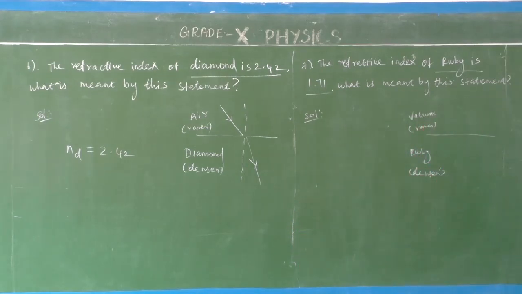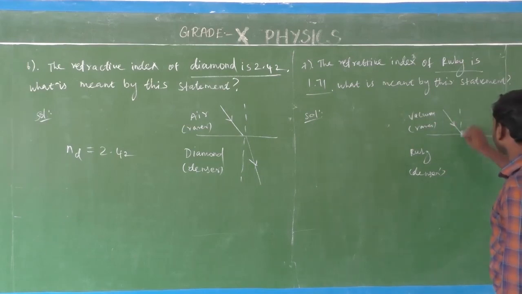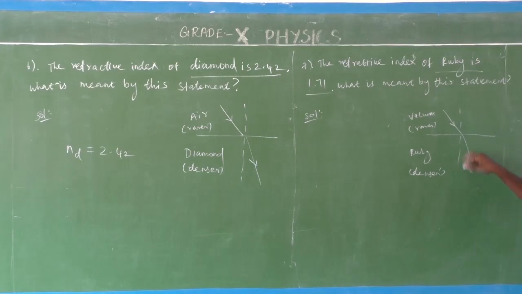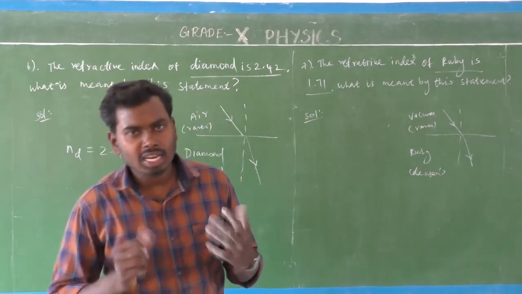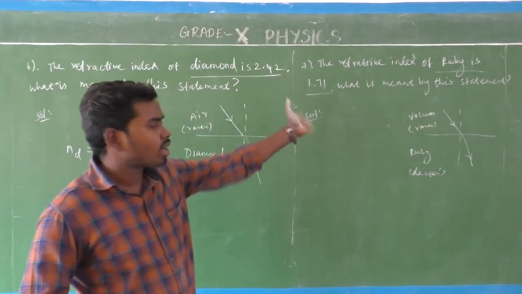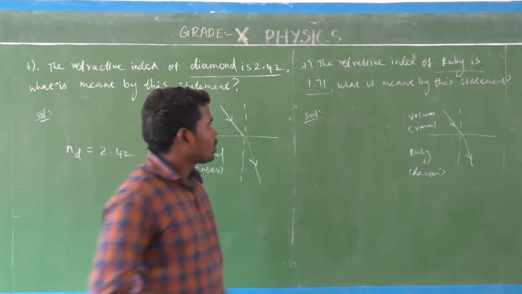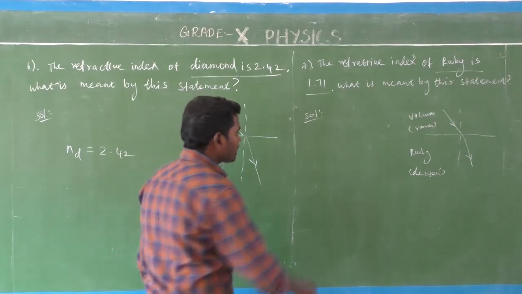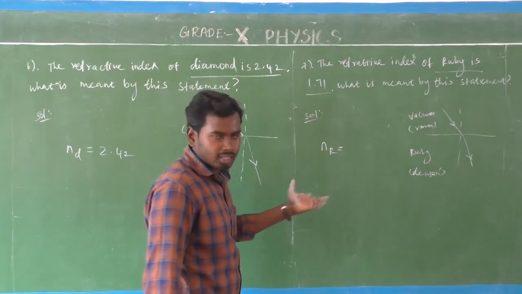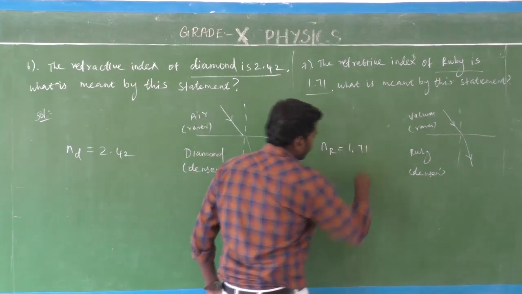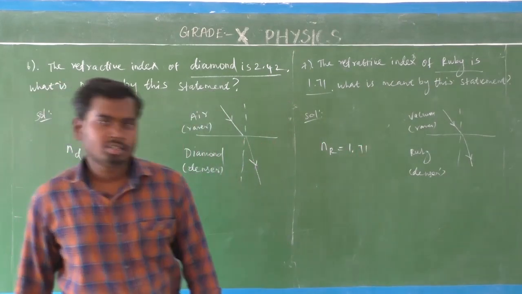Yes. So when light goes from an optically rarer medium to a denser medium, what will happen? The speed decreases, due to which the refracted ray will move towards the normal, isn't it? How many times does the speed decrease when light goes from vacuum into ruby? That is 1.7 times, because the refractive index of ruby with respect to air, which is not mentioned, is equal to 1.71.